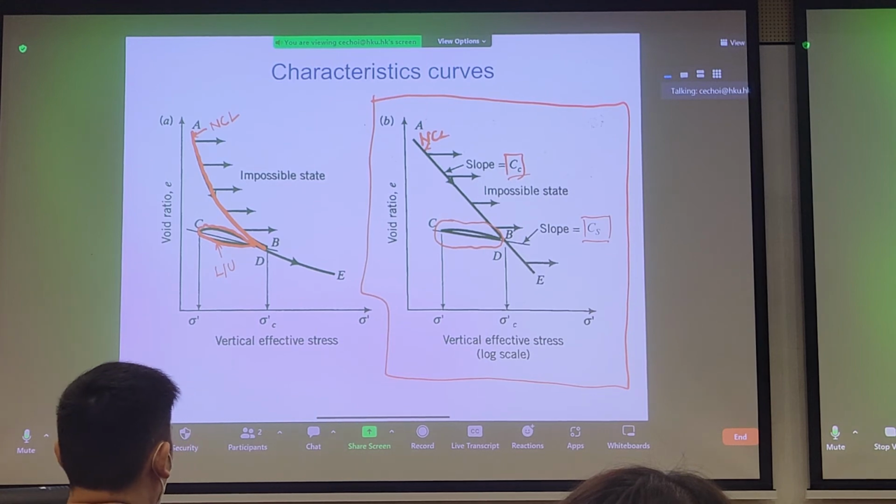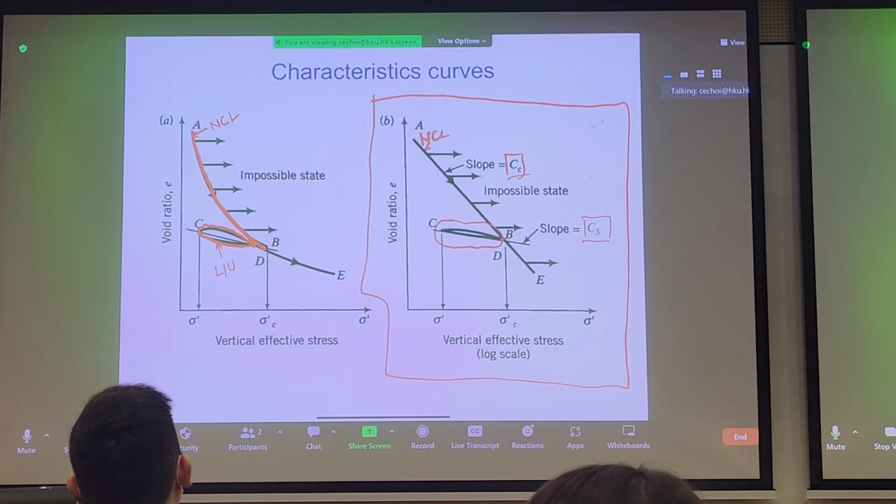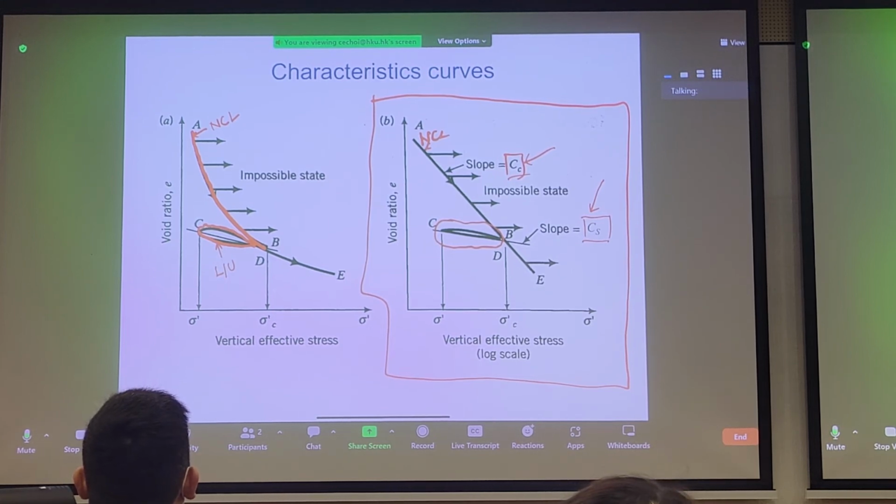So when we calculate or predict how much settlement we get and rate questions, we often adopt compression coefficients and compression indices. And like I said, what these compression indices mean in terms of physical meaning is the stiffness of the soil. Stiffness during virgin compression and stiffness during unloading.